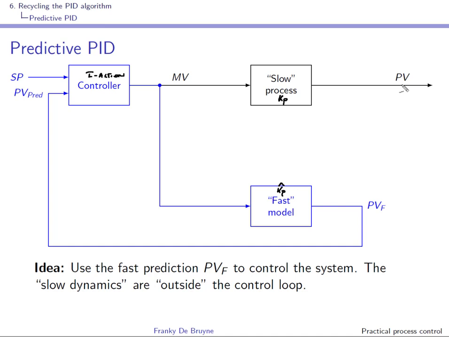So we have a problem for set point tracking, but we also have a problem for disturbance rejection, right? Because the output disturbance that is acting on PV is not seen in this control mechanism, so we are not able to reject a disturbance.